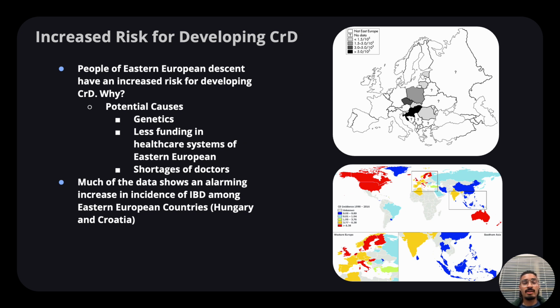However, that makes healthcare less affordable for people living in those countries and allows for doctors to move away from the Eastern European countries into the Western European countries, which causes more disparity, which allows for increases in the diagnosis of Crohn's disease among Eastern European citizens. And much of the data shows an alarming increase of incidence because of many disparities occurring in Eastern European countries.